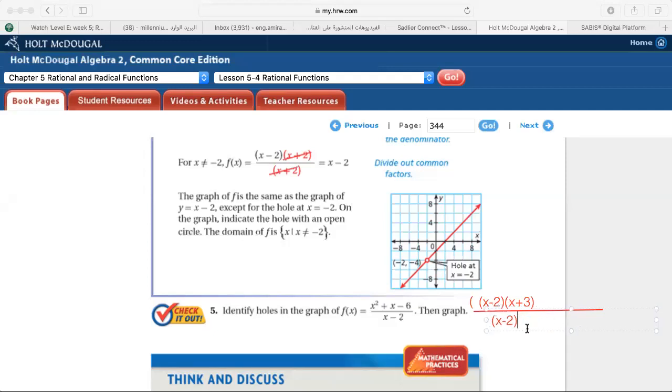So the hole will be when x is equal to 2. So I'm going to write the hole when x is equal to 2. Okay, girls, and then I'm going to cross the common factor.